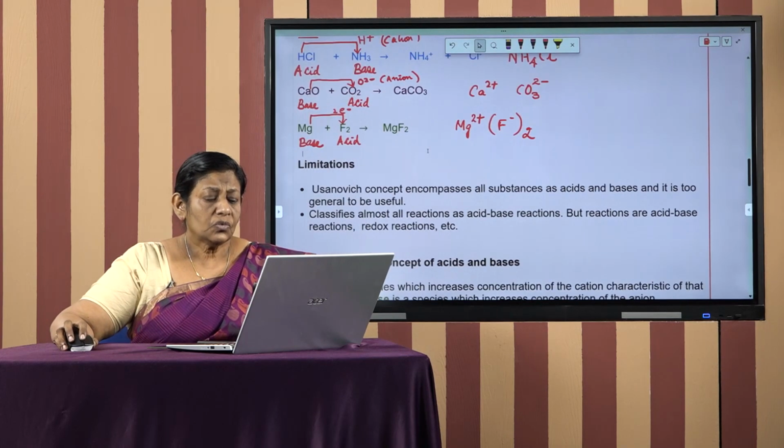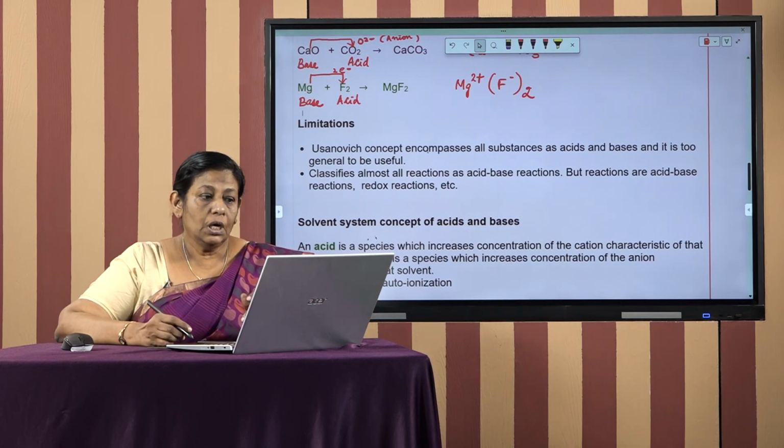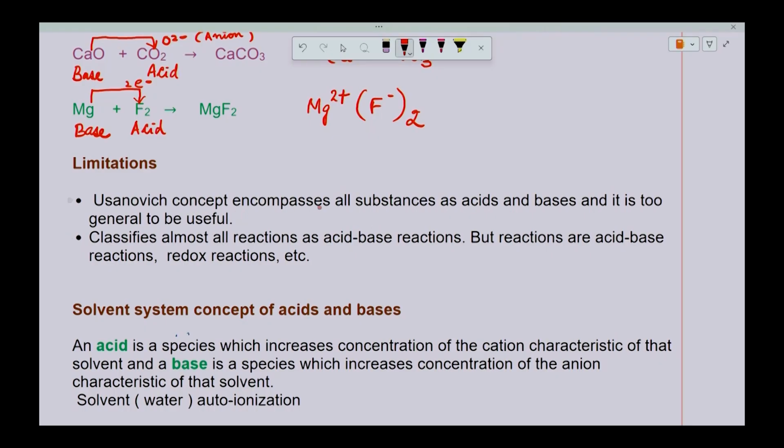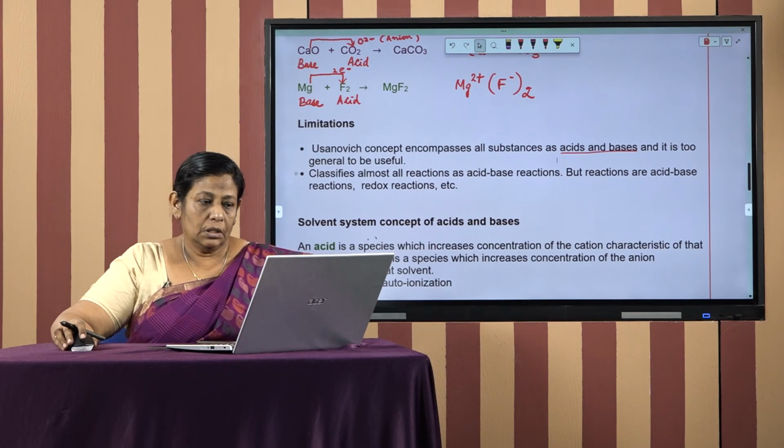Now, it also has some limitations, that is the Usanovich concept encompasses all substances as acids and bases. So, it is very general because any reaction can be considered as an acid base reaction, but that is not true, and therefore, it is not that useful to be considered.